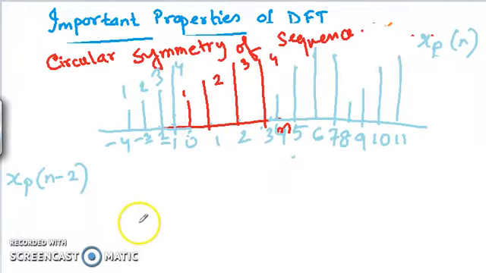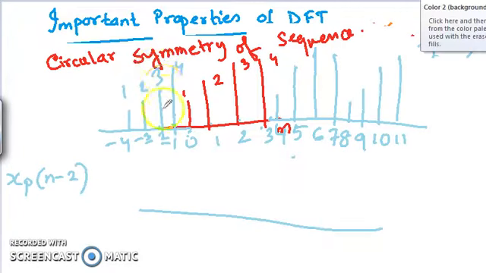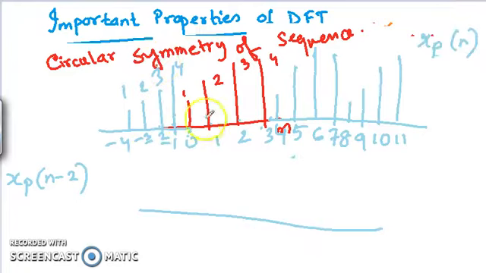If I draw this, as it is a periodic sequence, the 3 is going to come after 2 points, at the 0th position.